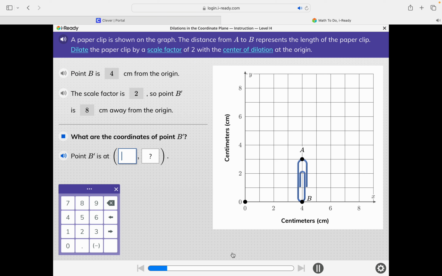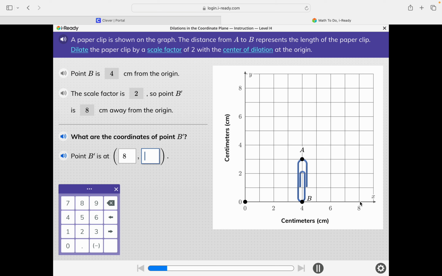What are the coordinates of point B prime? X will be 8, and Y will be 0. Why? Because we are not moving up or down. We are just staying on the 8, right there.